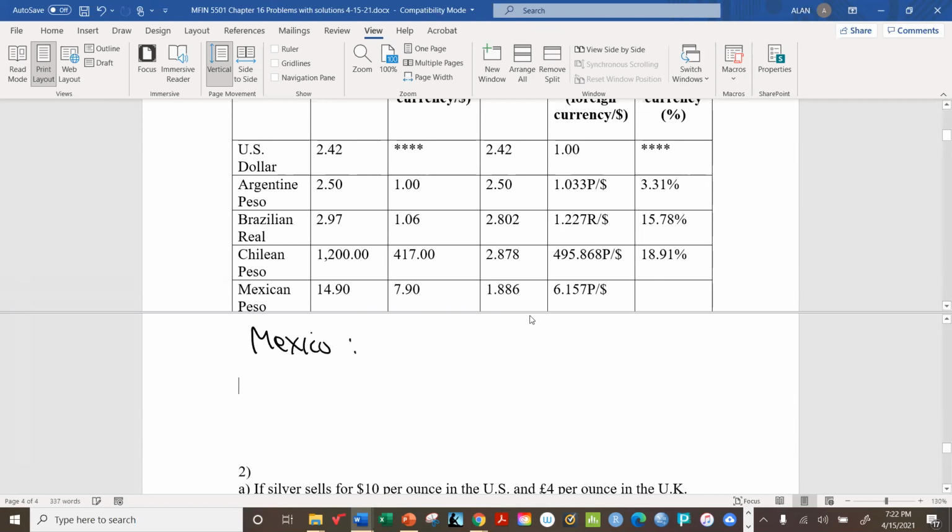All right, so the implied 6.157 pesos per dollar minus the actual 7.9, divided by 7.9.